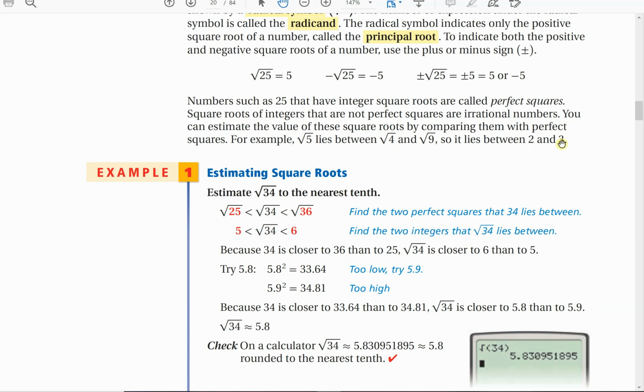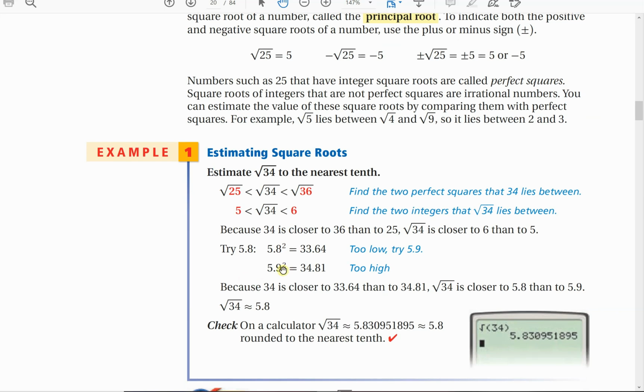Probably be closer to 2 than it would be to 3, but that's just the way this works out. So like if I wanted to estimate where the square root of 34 lies, well, that's right between 25 and 36. It's actually much closer to 36. So the square root of 34 is going to be between 5 and 6.